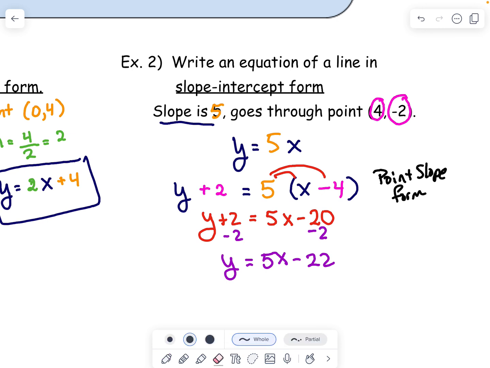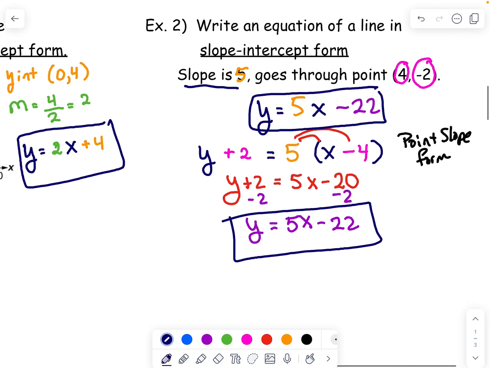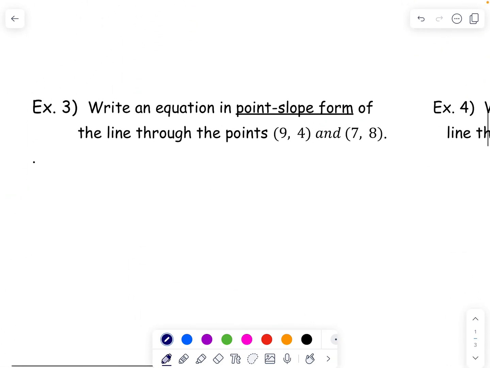It's the same as just putting a negative 22 in here, and we're done. It doesn't matter if we're there or here. Okay, cool. So if I have a point and a slope, I can put it in point-slope form first and then manipulate it.